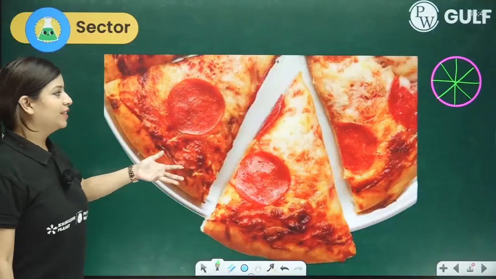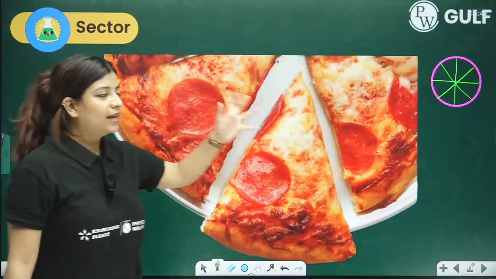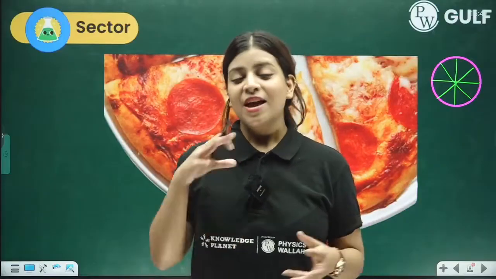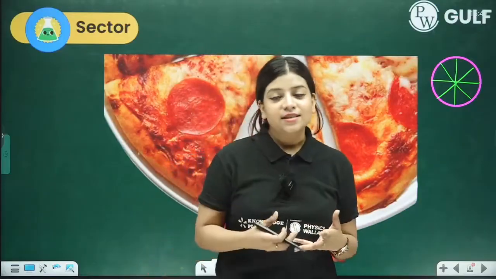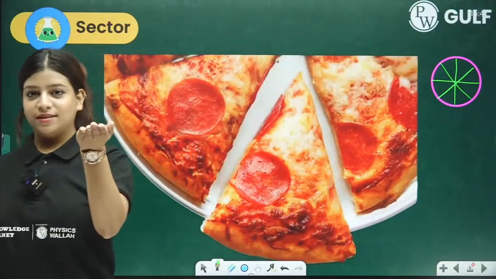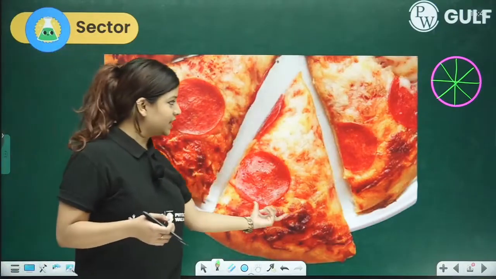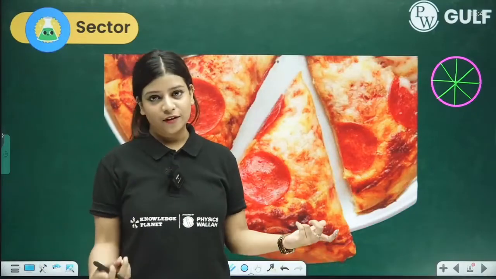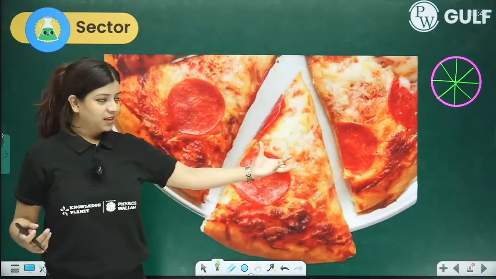So when the pizza is divided into smaller slices, if we take out one slice, it has the shape of a sector of a circle. So this is what is formed.